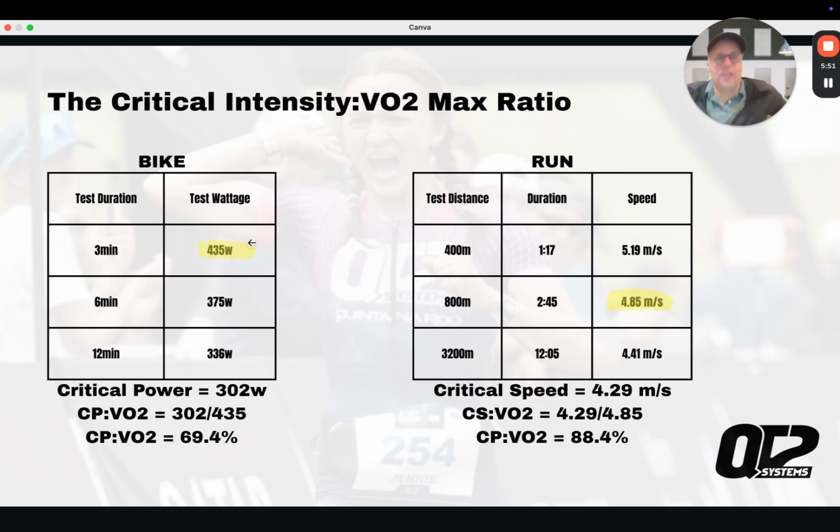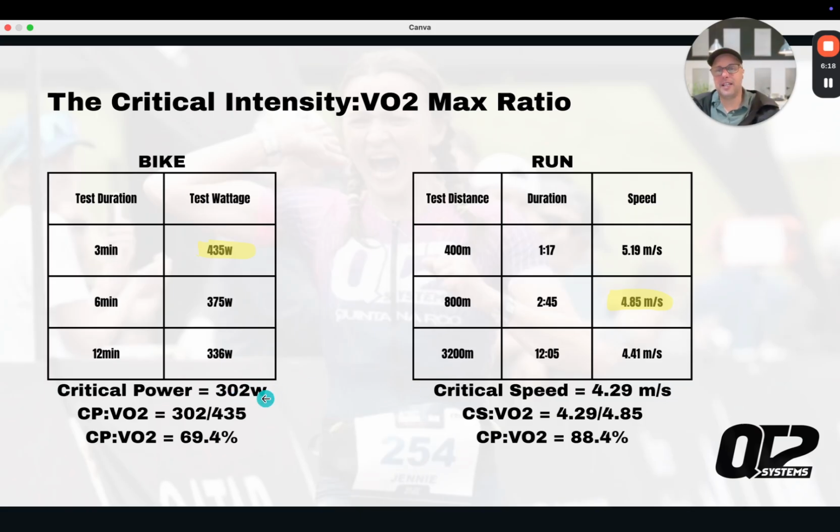And on the run side of things, we can use the athlete's middle test to represent their pace or speed at VO2 max. With these test results, we have corresponding critical power calculation through linear regression, as discussed in the previous presentation, and critical speed also calculated through linear regression.